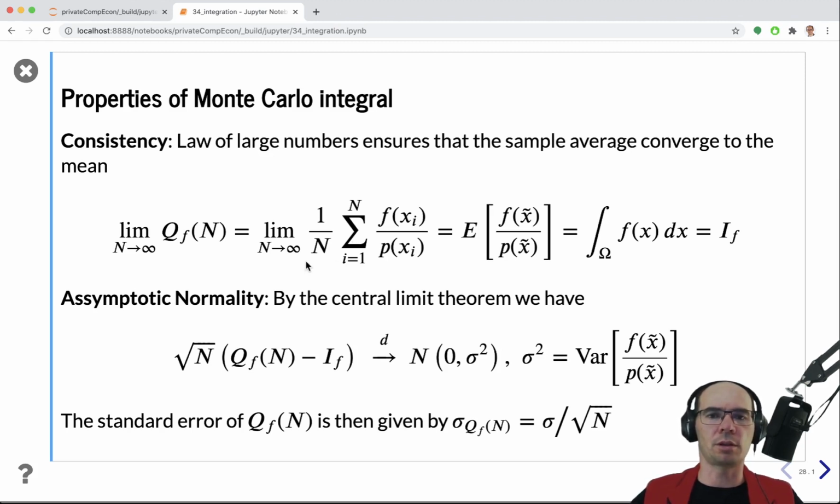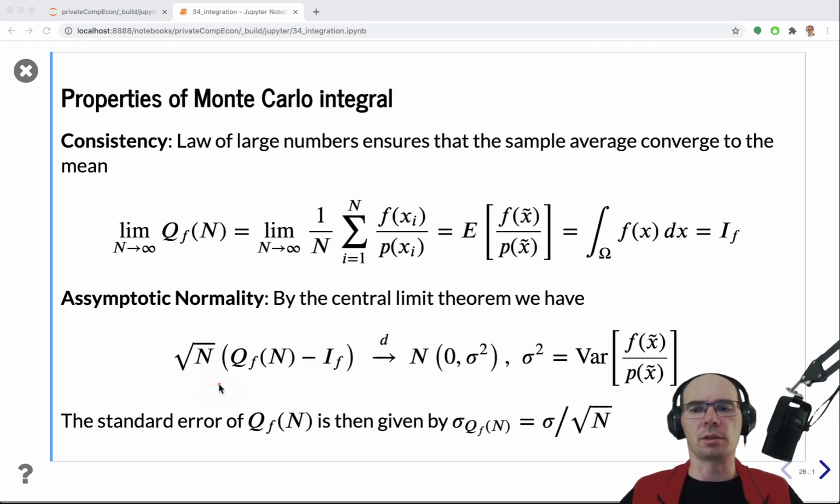It converges to the true value. So the limit of the sample average as the number of draws approaches infinity is the expectation, which is the integral that we want to calculate. Moreover, it's asymptotically normal, so asymptotic normality holds. The difference between the Monte Carlo integral and the true integral is distributed normally, properly scaled.